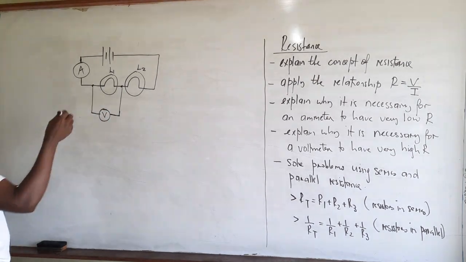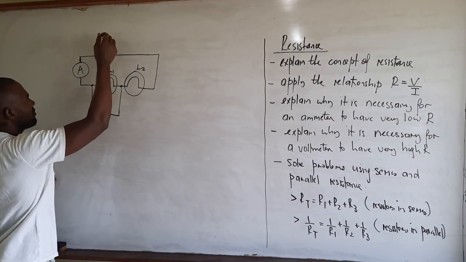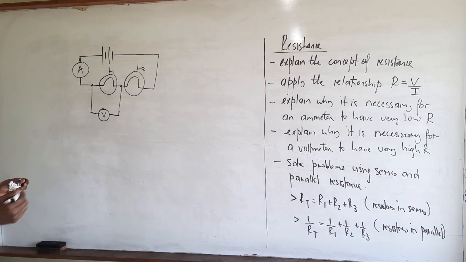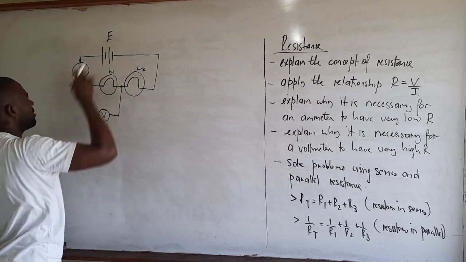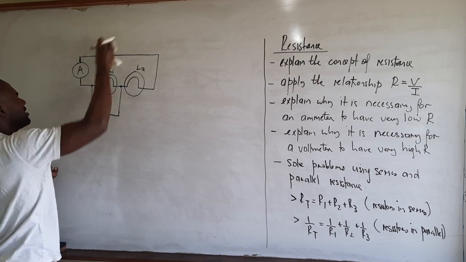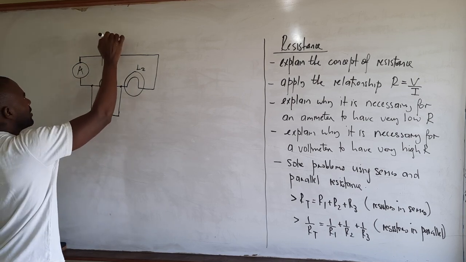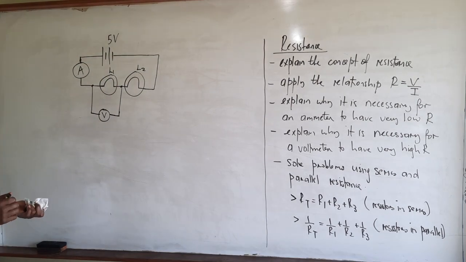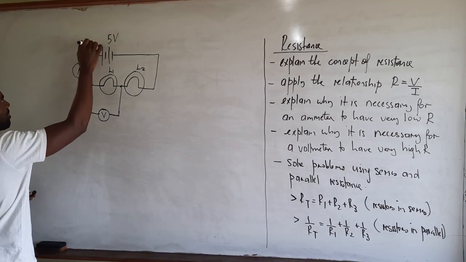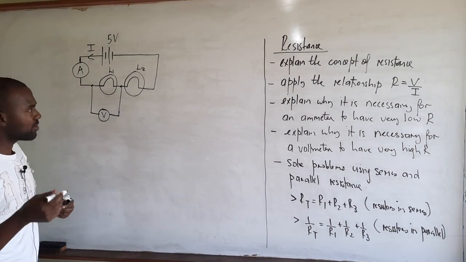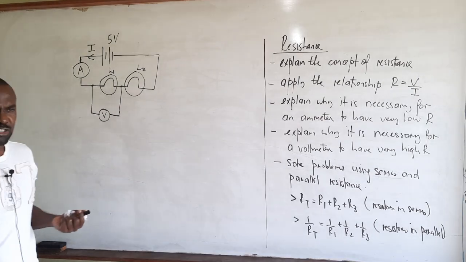So this is our battery of EMF, or the battery voltage, E. Let me put a value. Let's say it's a 5 volt battery, just for argument's sake. Now we have a current I flowing, and as we mentioned before, in our circuit we show the direction of conventional current.